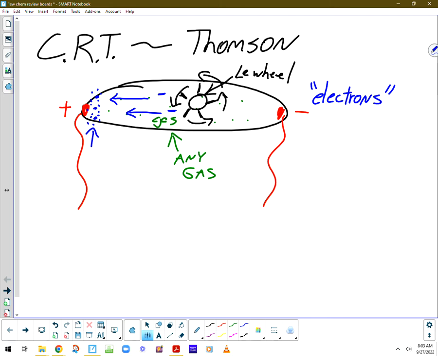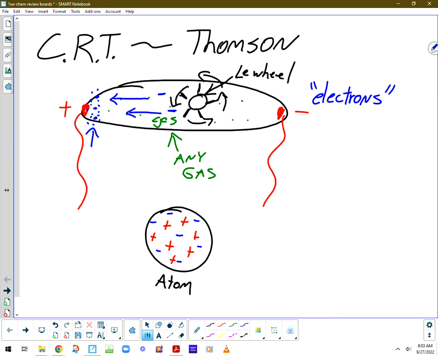Thomson then went on to come up with a model of the atom. His model was basically, hey, you've got an atom, it's like a ball, and it's got some positive charges in it and also some negative charges in it, some of these new little electrons. But beyond that, I really don't know how they're arranged.